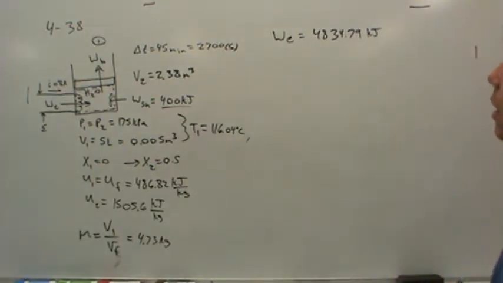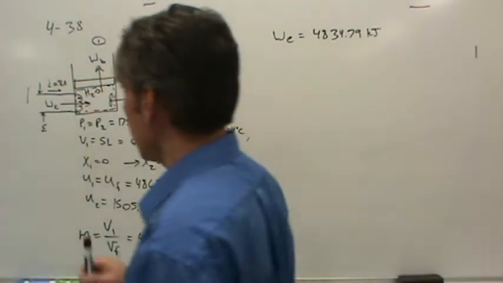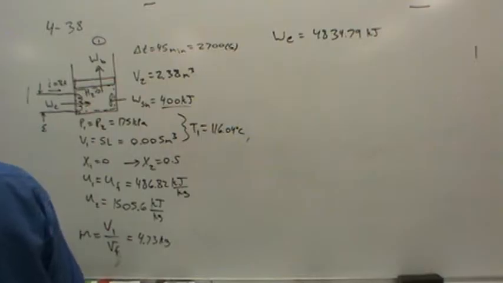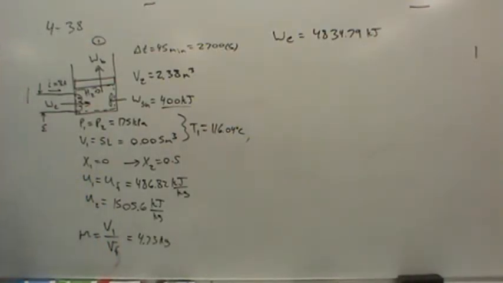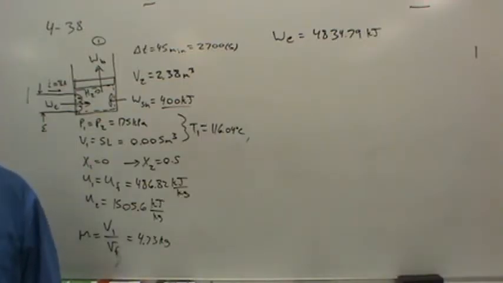Now, here's the part you may not be real comfortable with. That's the electrical part. Remember that slide I gave you that had electrical work and electrical power? I don't remember that real well, personally. I always think through it and figure out what I need. I know that if I multiply the electric potential by the current, I will get power, because volts times amps gives you watts.